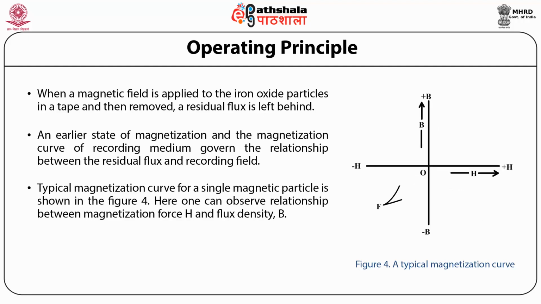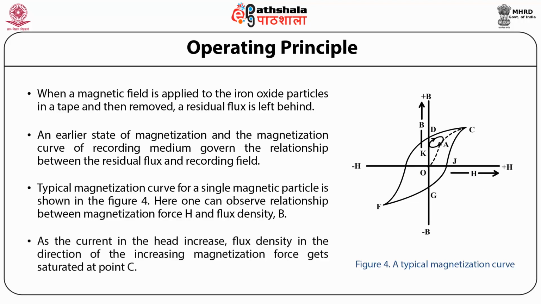A completely degaussed material is at point O. As the current in the head increases, the flux density in the direction of increasing magnetization force gets saturated at point C. This can be observed along the path OAC.